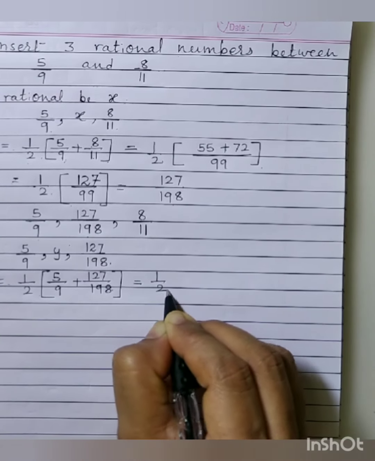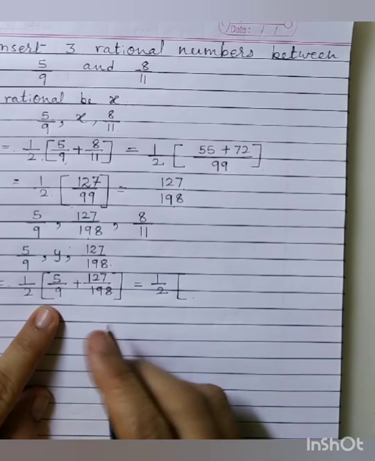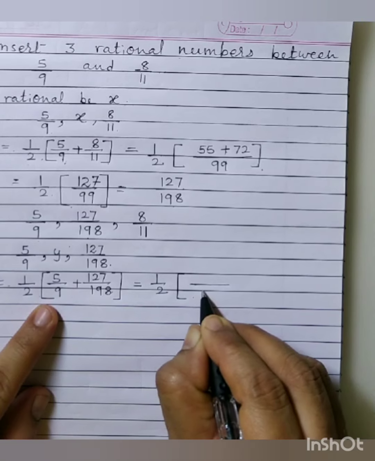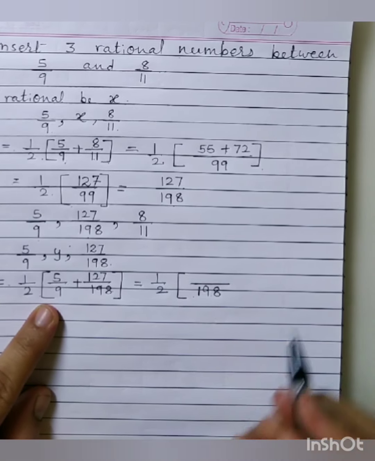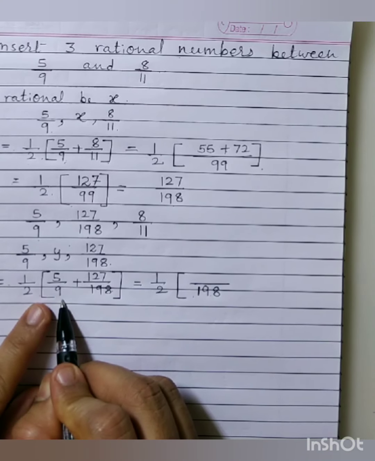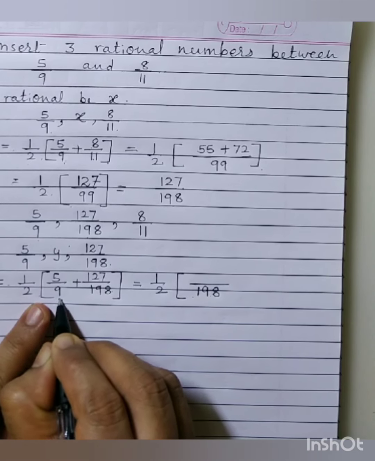Keeping half as it is. Now LCM of 9 and 198 will be what? Definitely you will be able to understand what it is going to be. 198. And 9 will be multiplied by what? If you are dividing 198 by 9, you get 22.